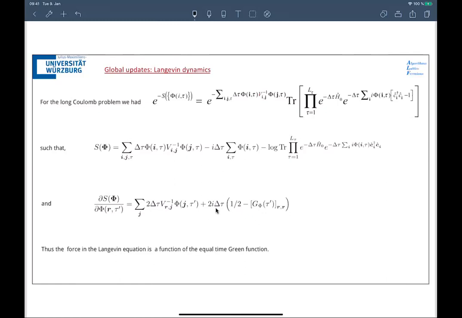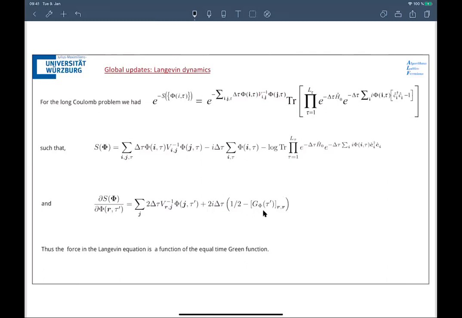There's one thing which is rather fun to see: here you have an I. We showed that this was a sign-free problem, so the action is real. This means that the quantity in the bracket has to be purely imaginary, and in fact, it is.